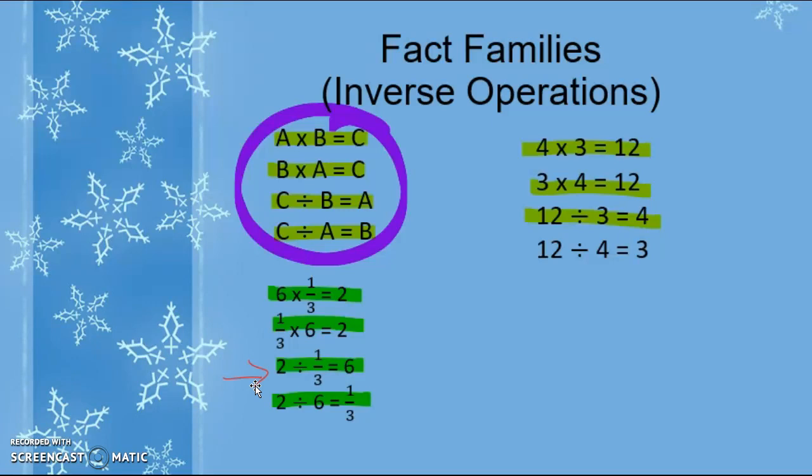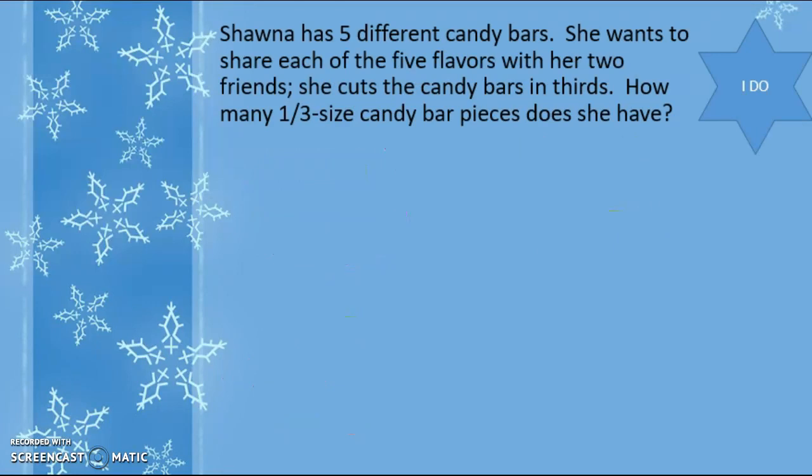Feel free to pause the video and look at this relationship a little bit longer. Keep in mind, boys and girls, the math that you're doing looks a lot like the math that you've done before. The only thing that we're changing is the values that we are multiplying or dividing. So make sure you pause so that you can take a look at the relationship between these numbers. Let's take a look at our first problem.